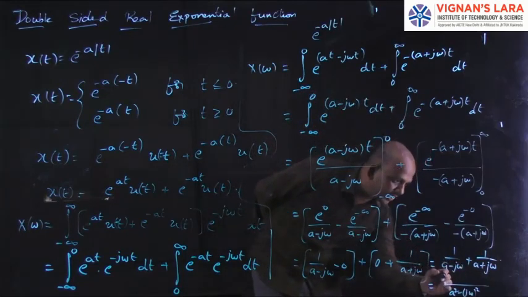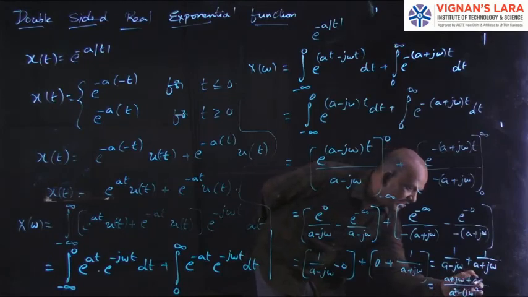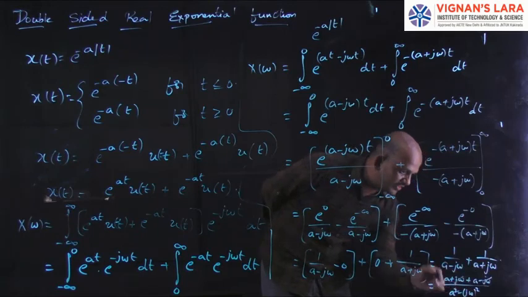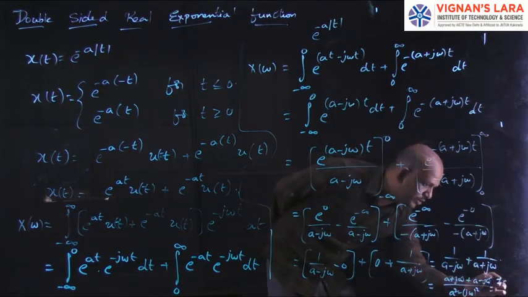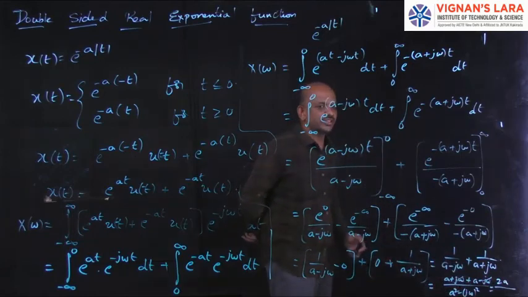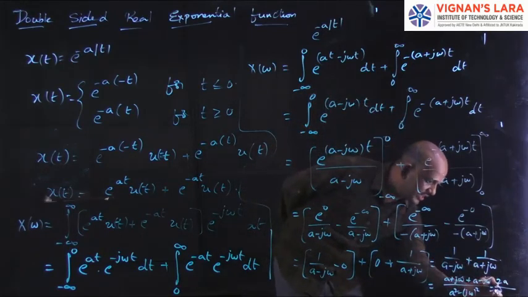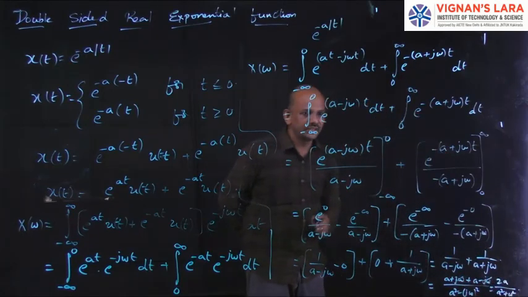Now in the numerator I will get a plus j omega plus a minus j omega. So minus j omega plus j omega get cancelled, that will be equal to 2a divided by a square minus j square omega square. So j square is minus 1, minus of minus plus, so finally I will get a square plus omega square.